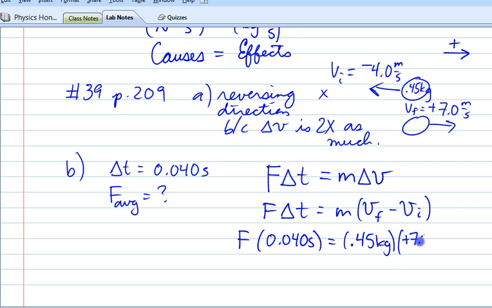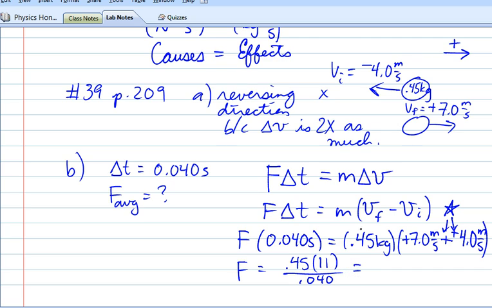V final is plus 7 meters per second, and we must subtract a negative 4.0 meters per second for V initial. That's a crucial thing here. Do not forget about that. So that actually turns into adding, and so the force is basically 0.45 times 11 divided by 0.040, and that comes out to approximately 120 newtons in the positive direction. So that would be our final answer.